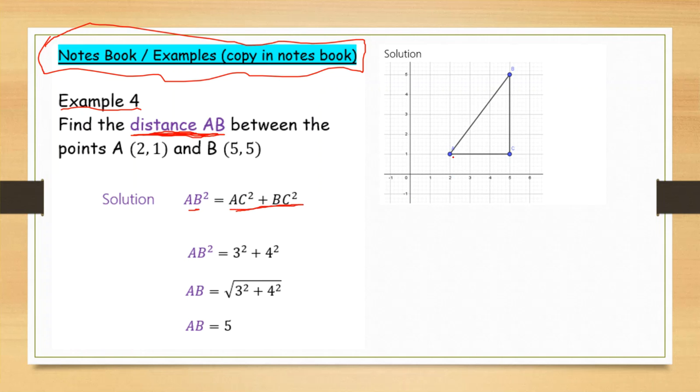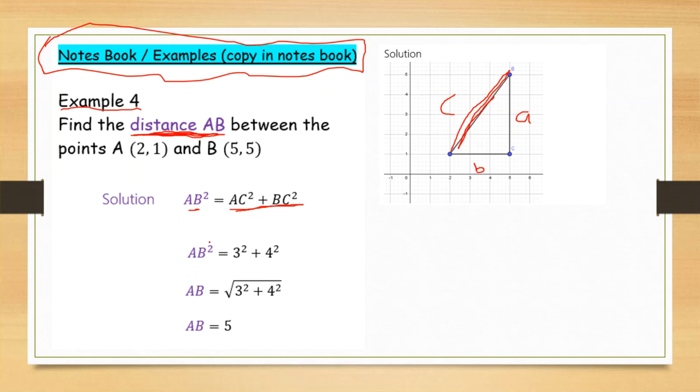So when we have the capitals here, AB is the distance between A and B. If we're using lowercase, C is opposite C, A is opposite A, and B is opposite B. So we normally have it with lowercase, like in the revision questions, but we can use capitals as well.